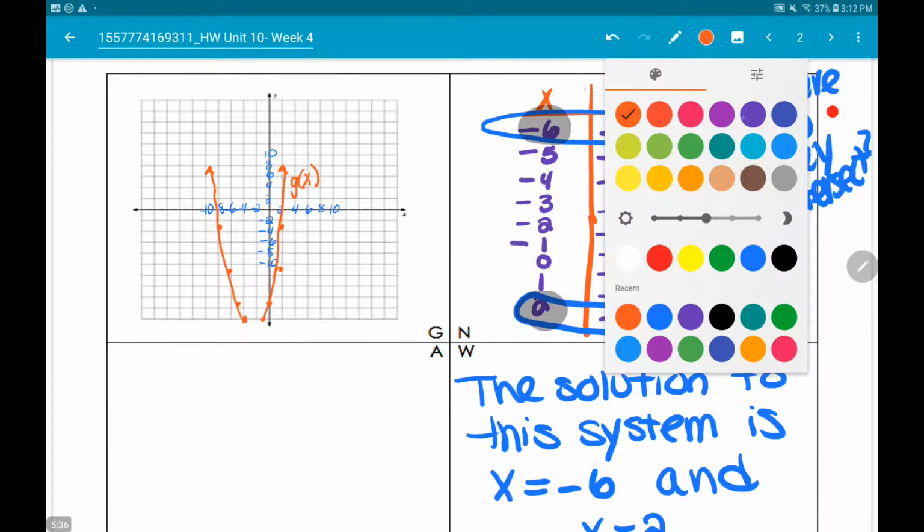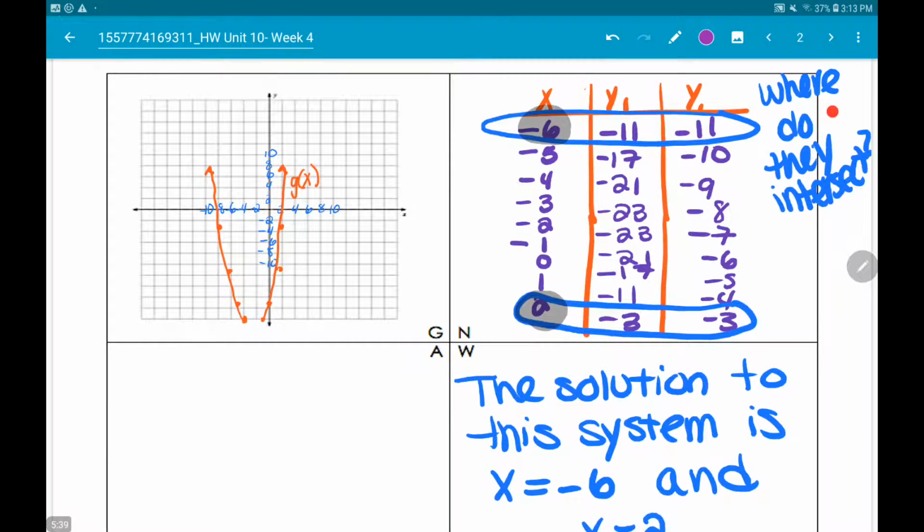Okay, now I'm going to plot my other one. Negative 6, negative 11, that's where they intersect.